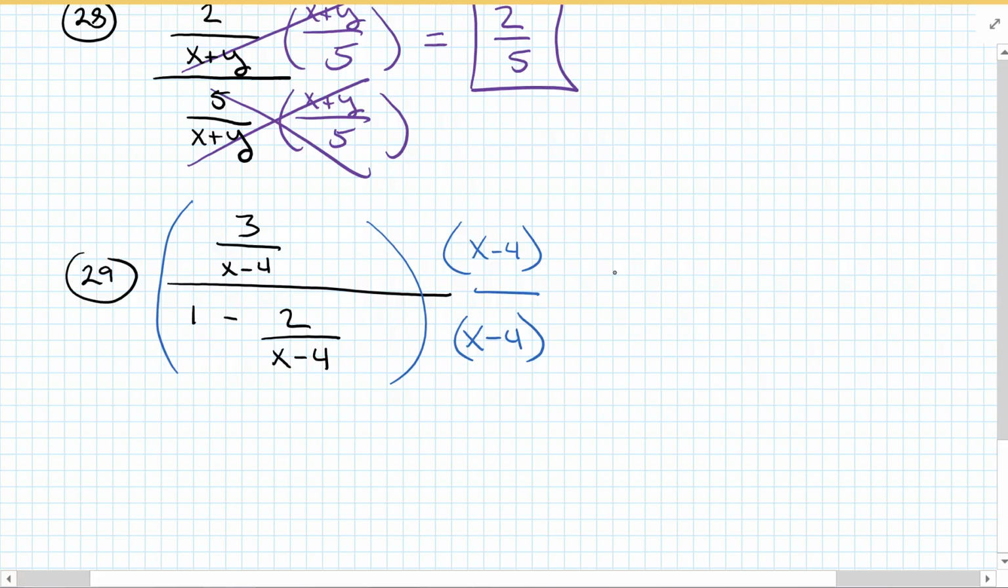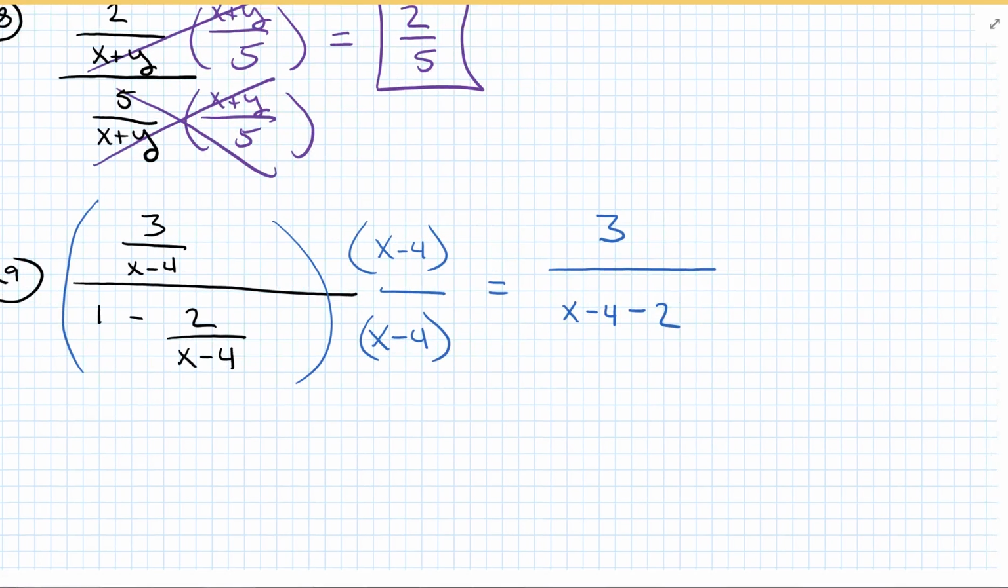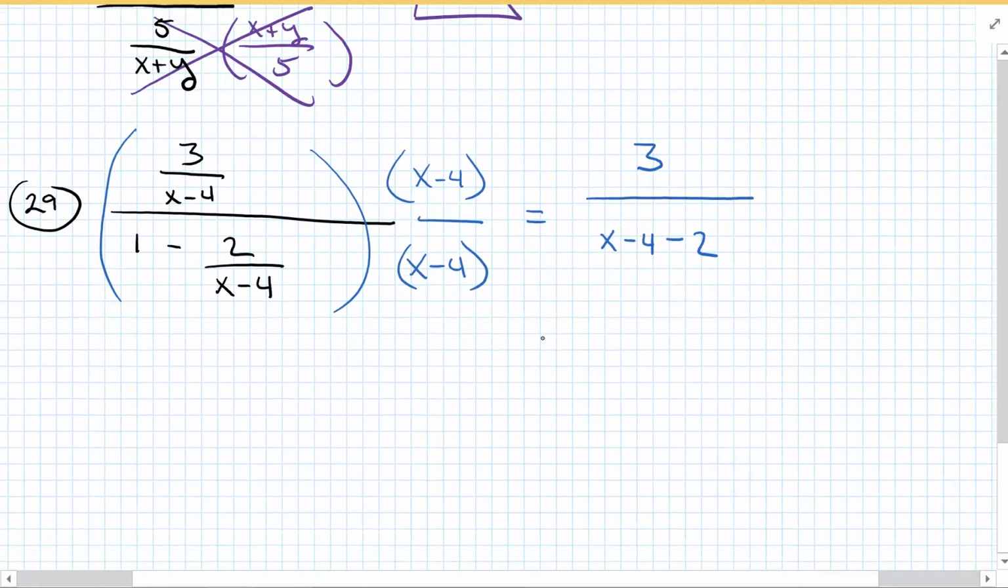So the top's just going to become 3. The bottom, we have to distribute the x minus 4 times both terms, so it's going to be x minus 4 minus 2. So I can rewrite this as 3 over x minus 6. That's our answer.